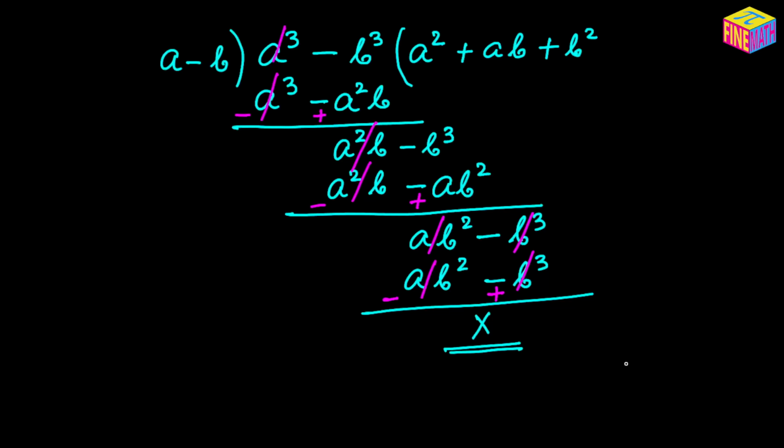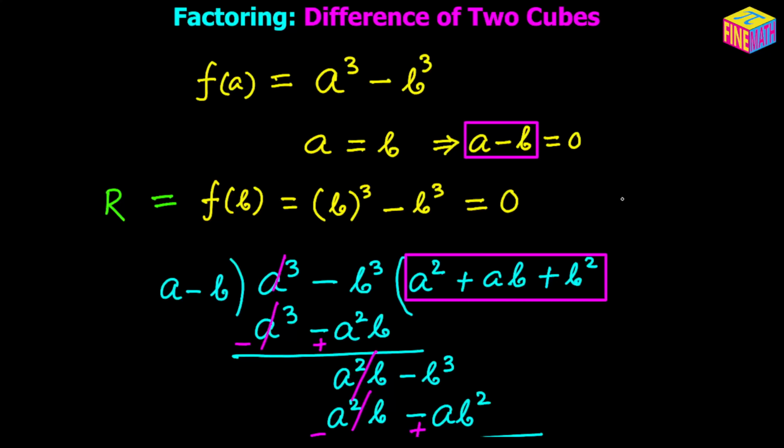So our remainder is 0. Now what is the other factor then? The quotient is the other factor. So let's highlight the quotient first. This is our quotient, a squared plus ab plus b squared, and that is the other factor when we divide our original expression by a minus b.